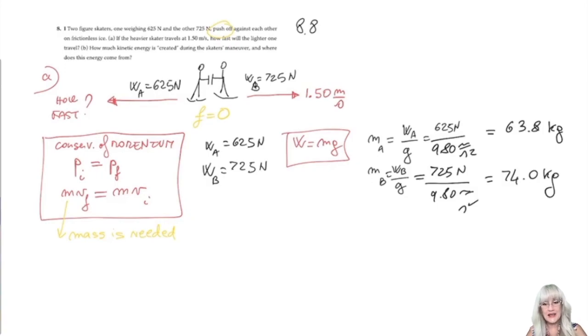So that's the mass, the number of atoms in the body of these 2 skaters. Now remember that these 2 skaters are initially at rest. In this here, the way I really draw it, they are at rest before they push on each other.